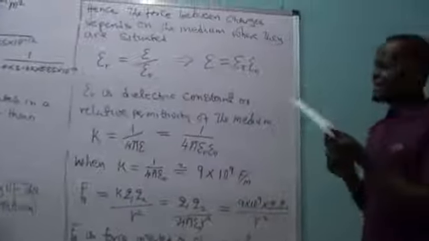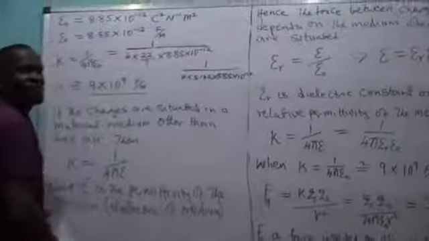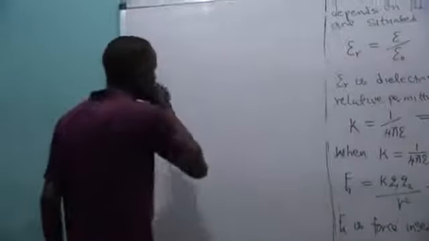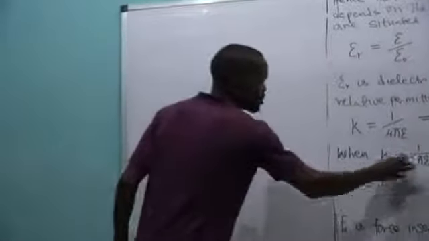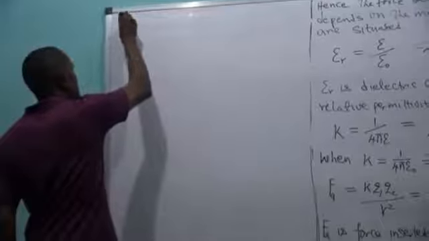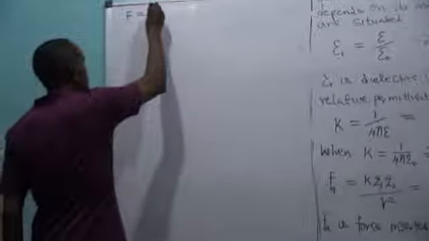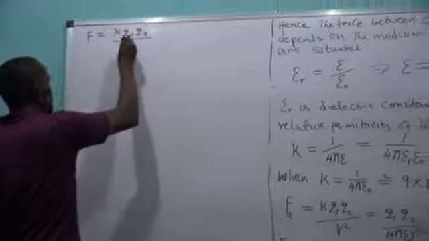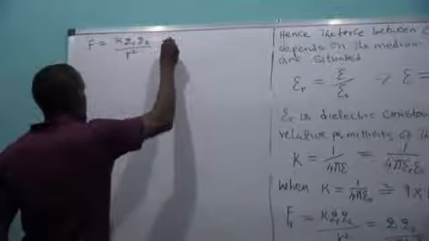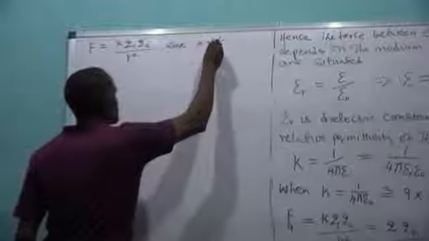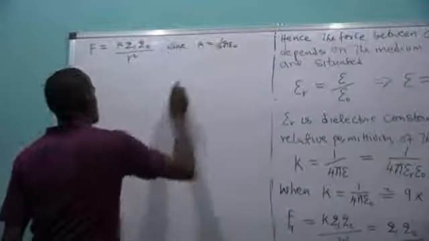Then somebody might have asked, how did I get this by substituting? For clarification, when I have F equals K Q1 Q2 all over R squared, where K is equal to 1 over 4 pi epsilon O, let us see how I will get them.